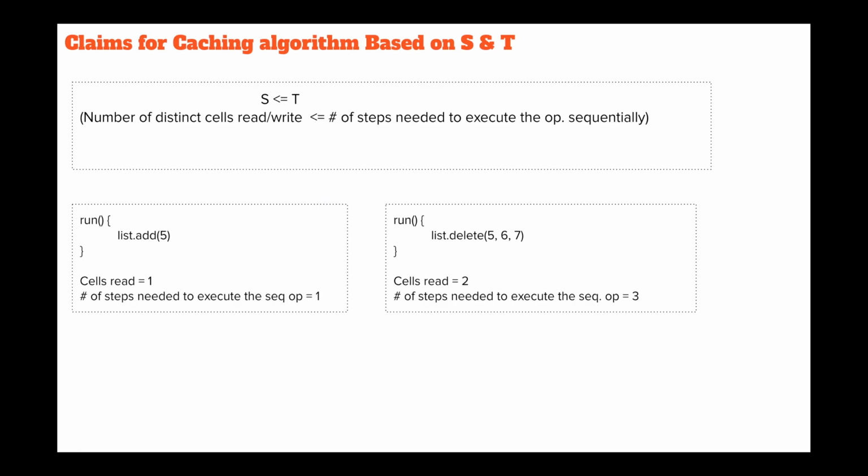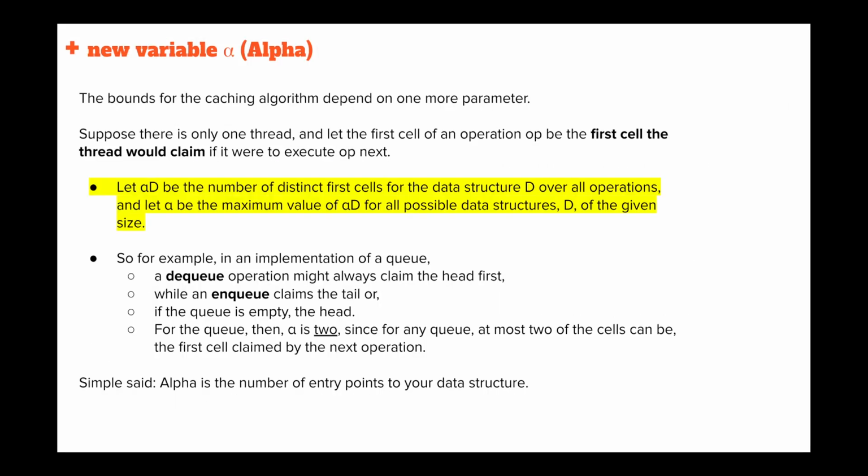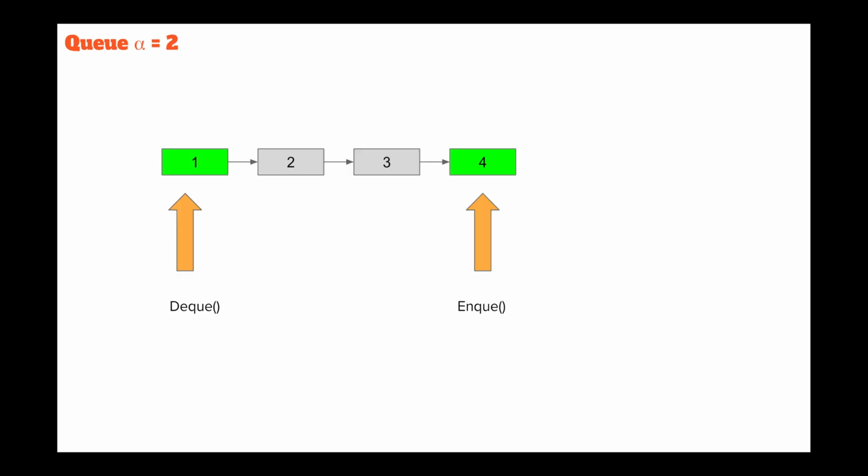For the caching algorithm, one claim is that S will always be less than or equal to T. The number of distinct cells read or written will always be less than or equal to the number of steps required for the sequential operation. And then there is this variable called alpha. Intuitively, you can think of alpha as the number of entry points to a particular data structure.